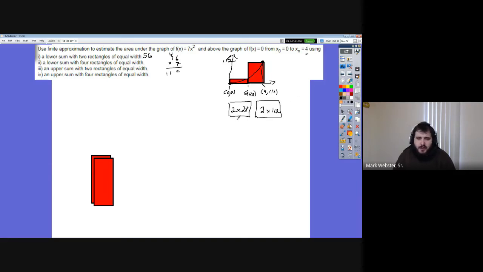So now let's do this together. Now this rectangle has an area of 56. This rectangle has an area of 224. And again, we're going to just add all this together. 0, carry the 1. 2 times 1 and 5 is 8. 280.